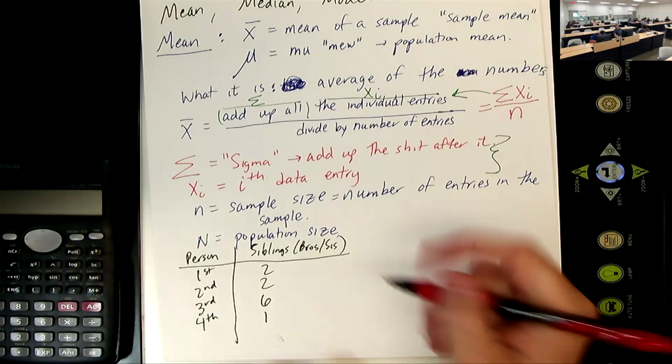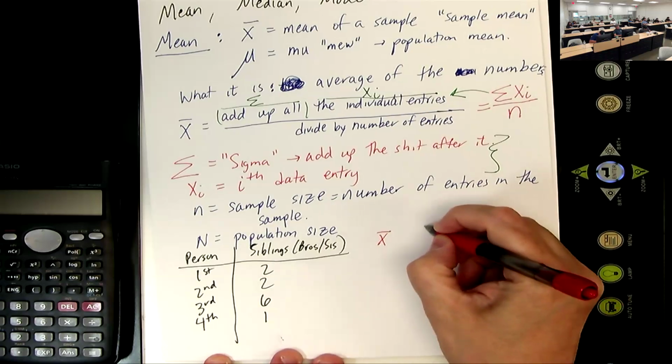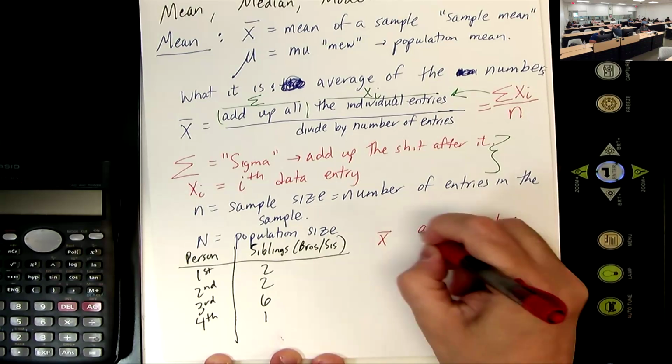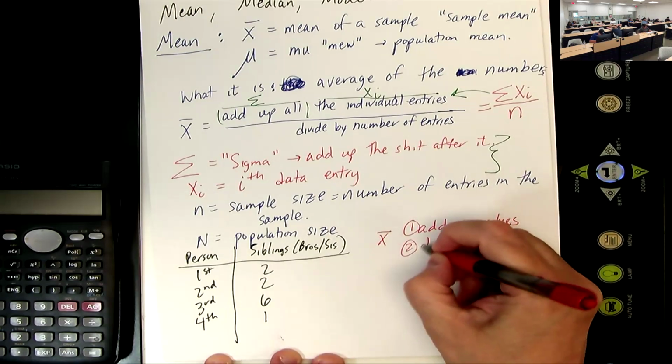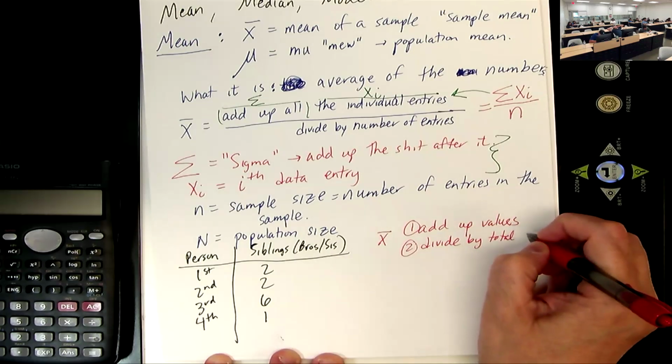So calculating X bar here. We add up the values. That's step 1. Step 2, divide by total values, total entries.